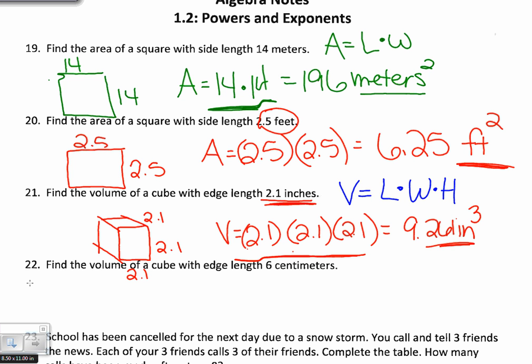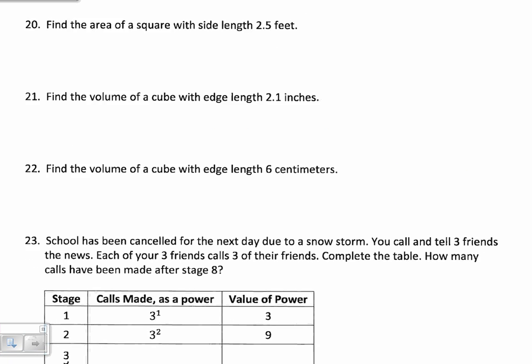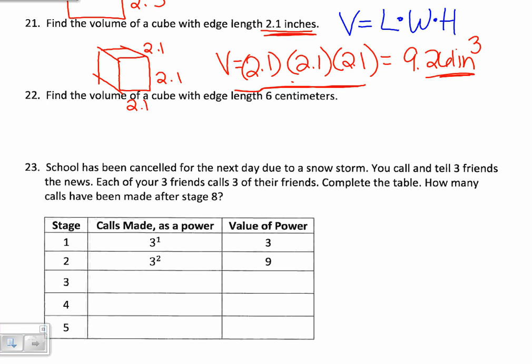Let's try a couple more here real quick. So, find the volume of a cube with length 6 centimeters. So I'm going to draw another cube here. Again, our pictures don't have to be pretty, it's just to help us look. So each side is 6. My length, my width, my height. We fill in our formula like we did earlier.